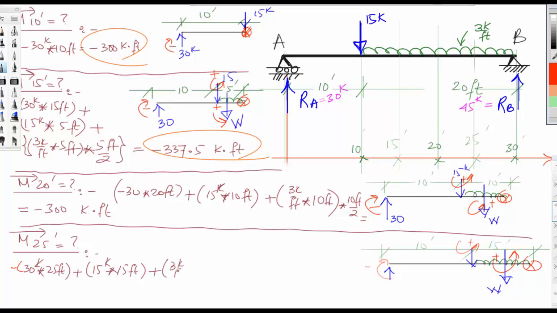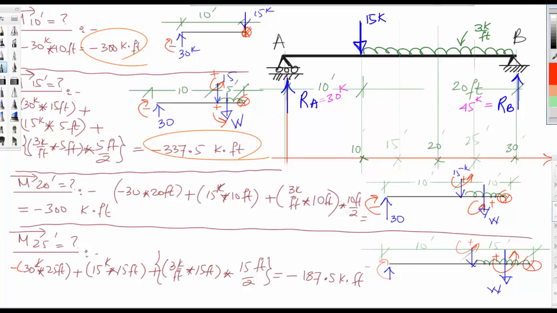W is 3 kip per foot, multiplied by this distance, again 15 feet, and the distance is 15 feet divided by 2 is equal to. If we do the calculation for this one, this comes out to minus 187.5 kip foot.